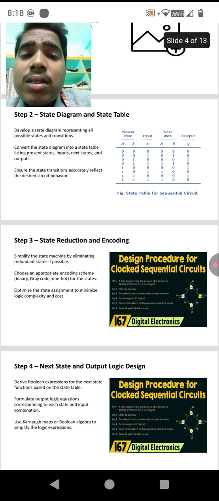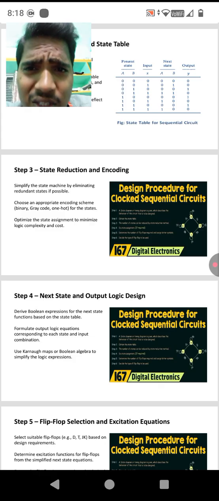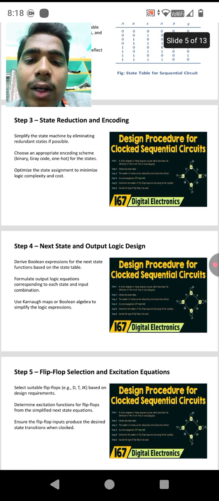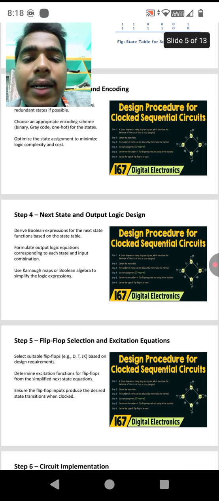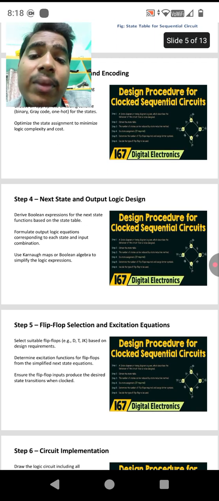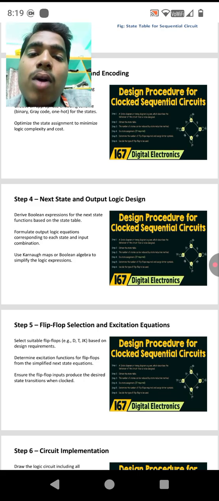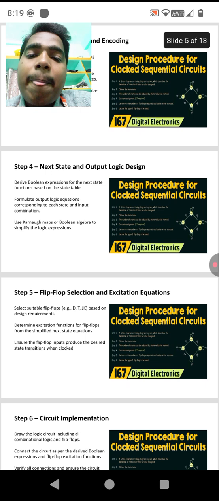From the state diagram and state table to step 3, state reduction and encoding. State reduction and encoding to step 4, next state and output logic design.